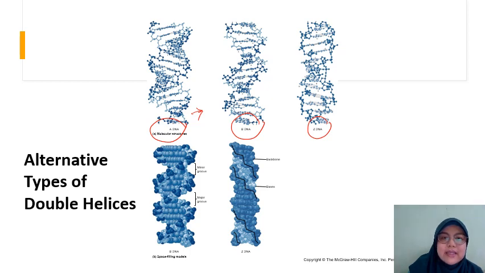For Z-DNA, it's a left-handed helix, with 12 base pairs per turn, and the conditions are more concerned with salt concentrations. So it can form in high salt concentration and also in low salt concentrations.